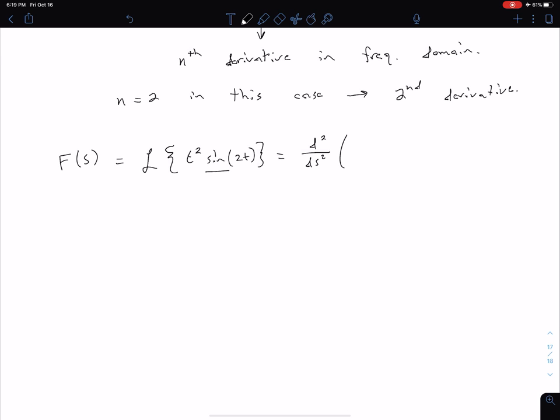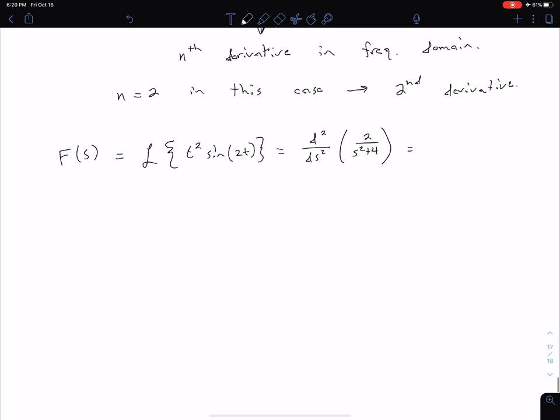In this case, that's sine of 2t, and as we said above, that was 2 divided by s squared plus 4. I'm going to rearrange this a little to make it easier to see: the second derivative with respect to s of 2 times (s squared plus 4) to the power of -1. All I've done is rewrite it so it's easier to take this derivative.